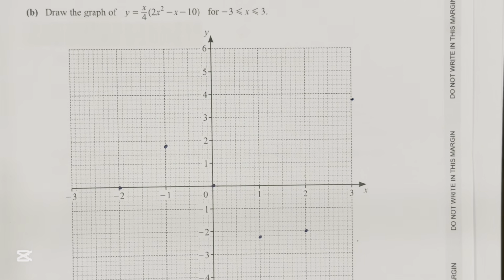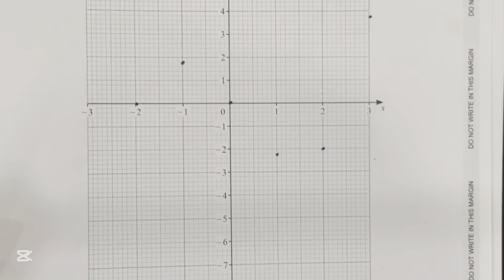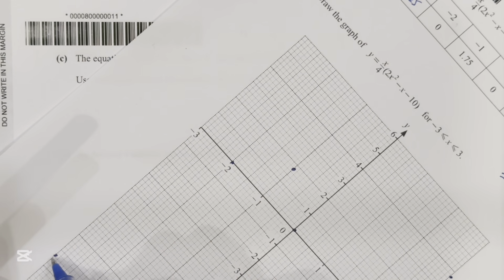Now you need to plot this graph, joining these points by freehand. So I'm joining these points carefully. I'm joining with a pen.